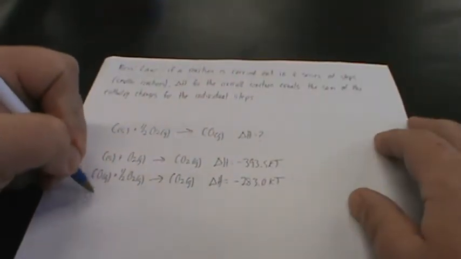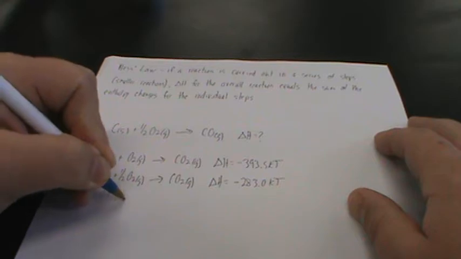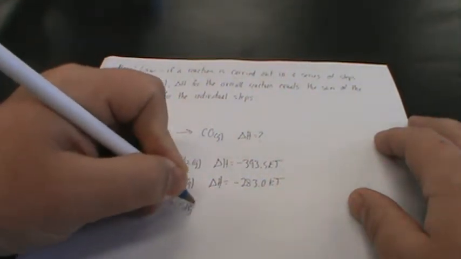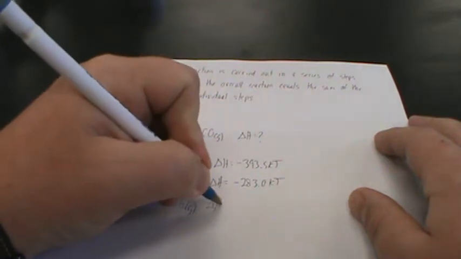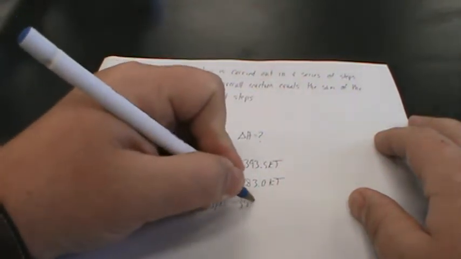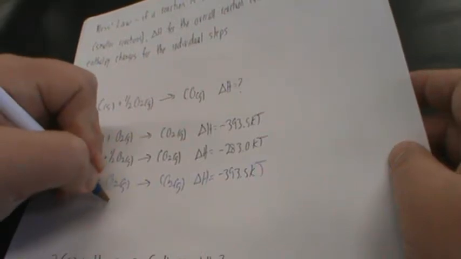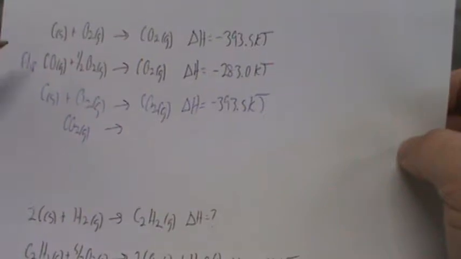I'm going to rewrite these down here so you can see what we have done, because all this information that's in black ink is already given to us for this type of problem. So we're going to flip that. I'm going to put CO2 gas yields to, and my advice is when you start manipulating them, line the arrows up so you can see what's on the left-hand side and the right-hand side.